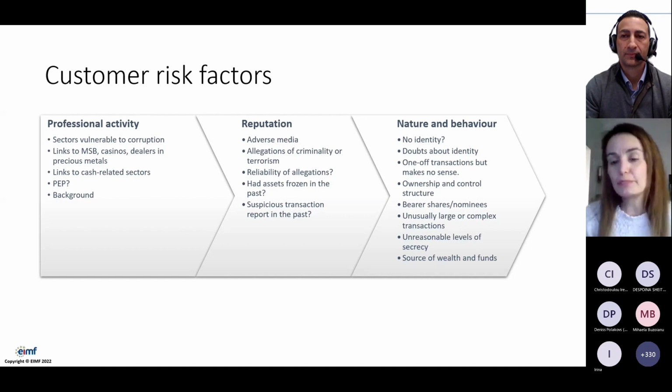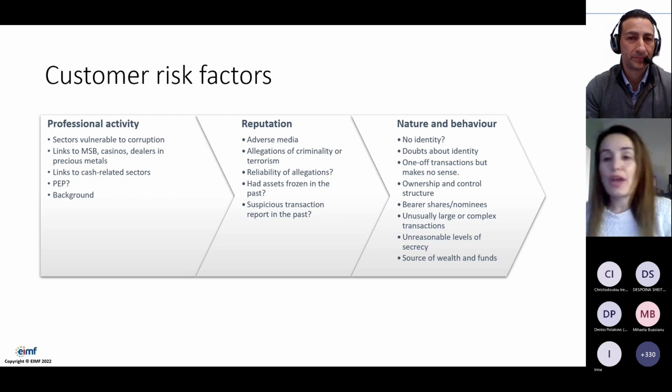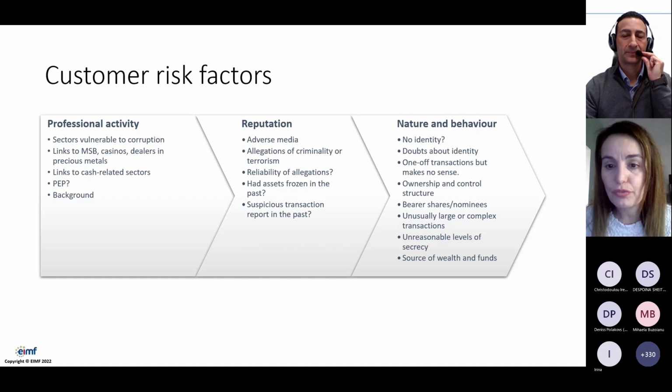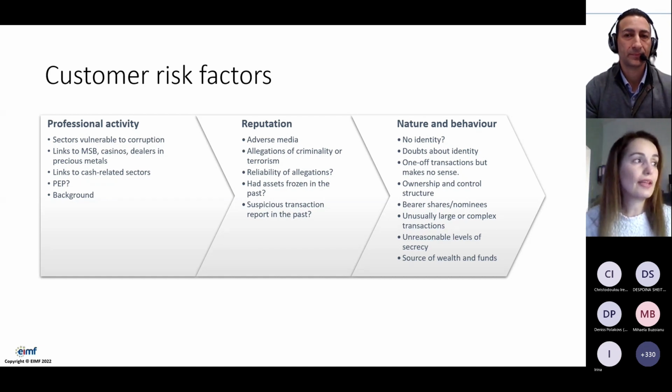And again, the screening tools that are in the market can help entities identify potential criminal activities if someone was prosecuted in the past. Second, reputation, adverse media. Whether the customer has any bad reputation or any adverse media, this increases, of course, the possibility of money laundering, also allegations of criminality or terrorism.